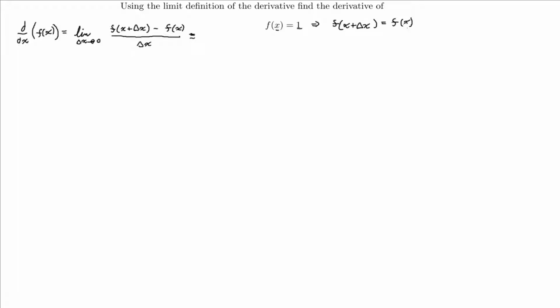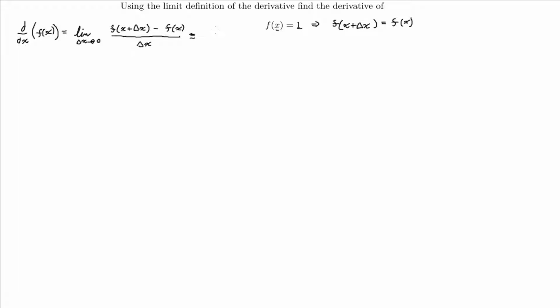If this is 1, then f of x is 1. If this is 1 and this is 5 or 10 or 20, then the value that it maps to is still 1, right?